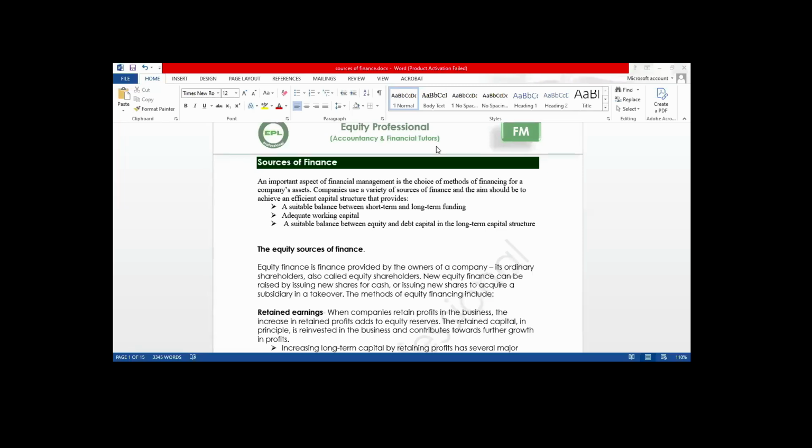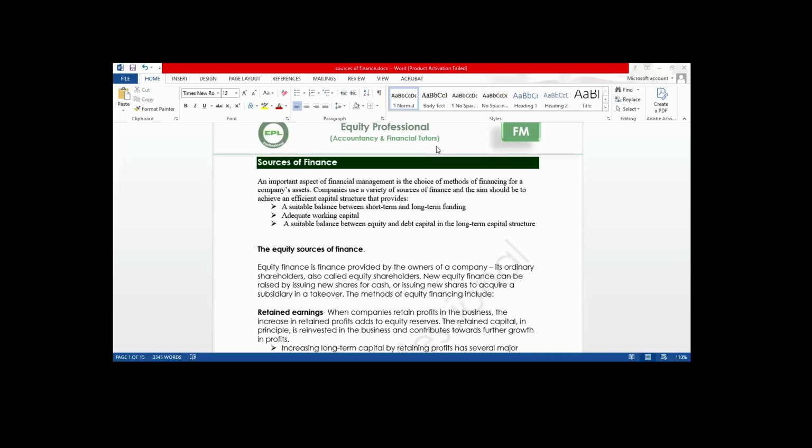An integral part of financial management is the choice of the method of financing companies' assets. I'll repeat that.